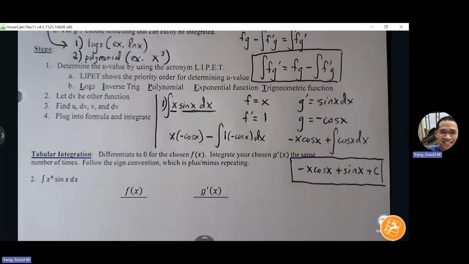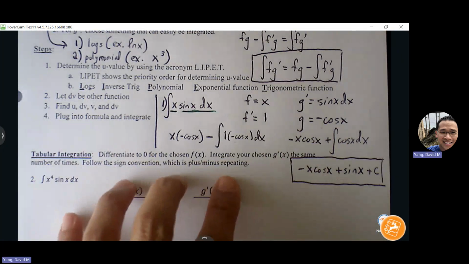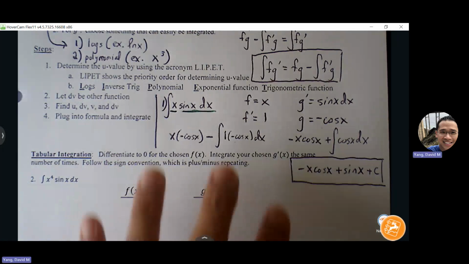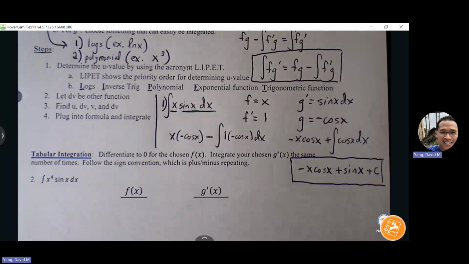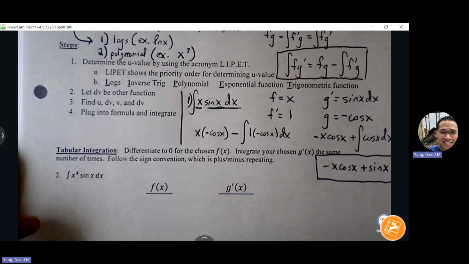Okay. Now, for example 2, I don't want you guys to write anything down yet. Just watch what I'm going to do here. What I want to show you is that sometimes we don't want to go through this full procedure, especially if there's a shortcut. So I want to show you why there could be a need for a shortcut.